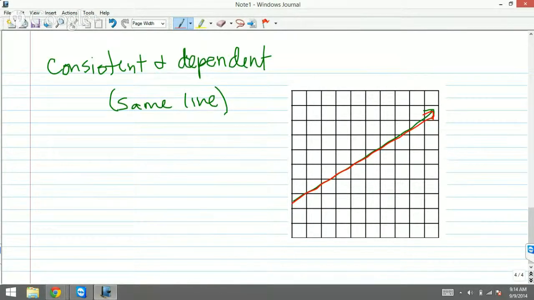The graphs might look like that. And we have the same slope. Same y-intercept. Okay. How many solutions are there?